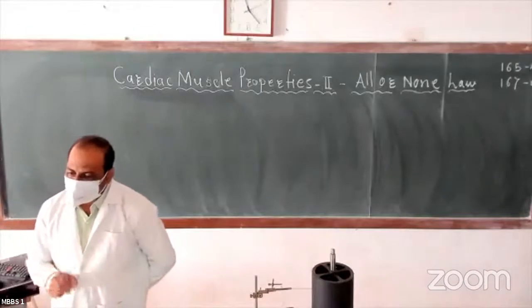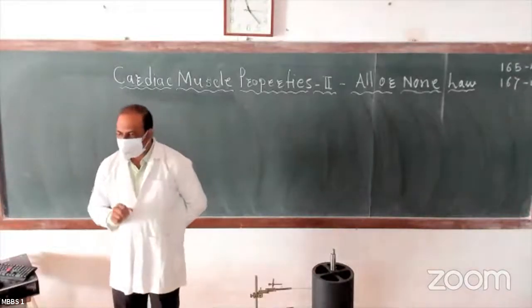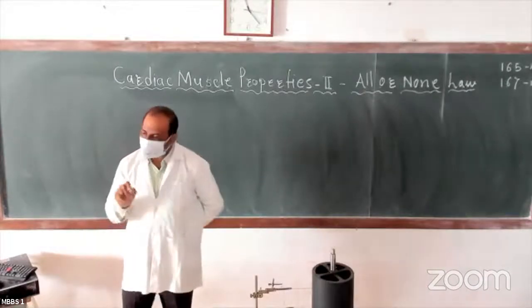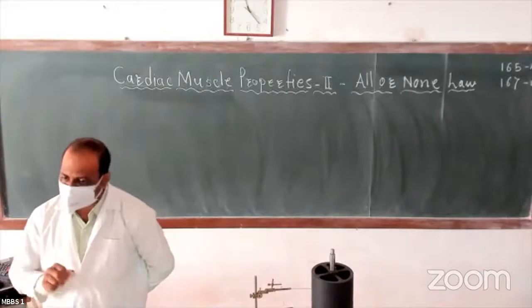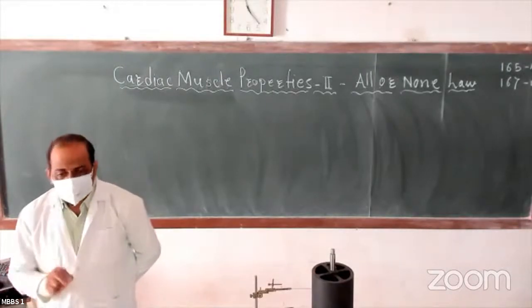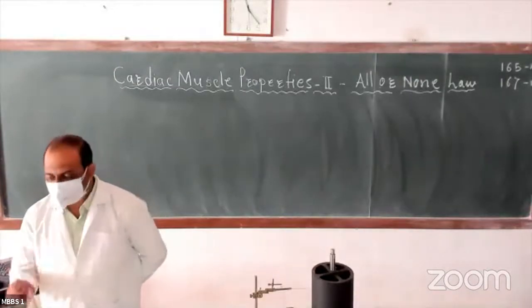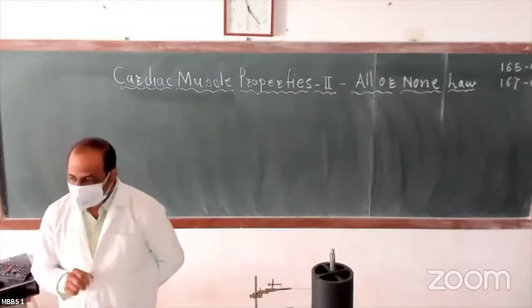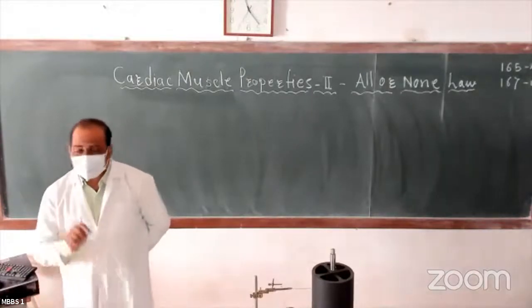All or none law means what? If you stimulate a particular motor unit with a threshold strength of stimulus, then the muscle shows the response. This is the all phenomenon, the response from the muscle. If you decrease the strength of the stimulus, the muscle does not show the response. That is called the none phenomenon.